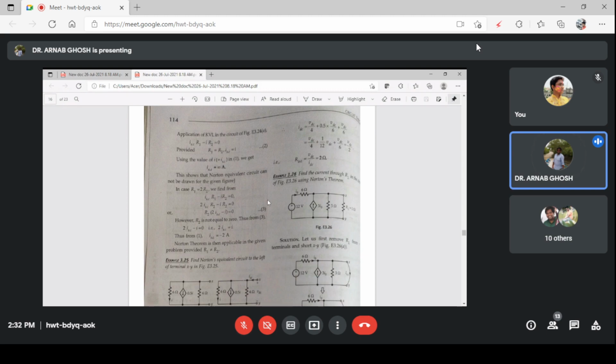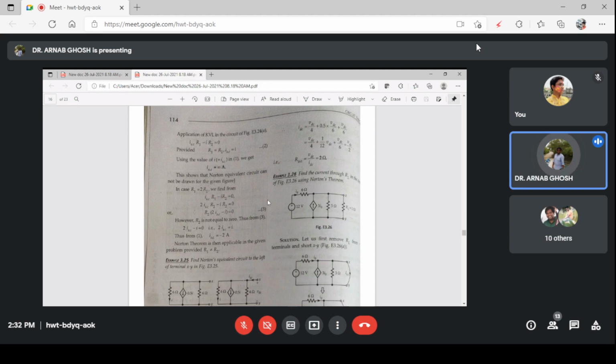So the first step is remove the load resistance and short circuit the terminals. Okay, so if these are the two terminals, we are short circuiting these two. So this is 3 ohm, and this has been given to you as I0.